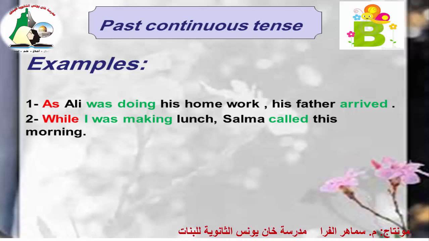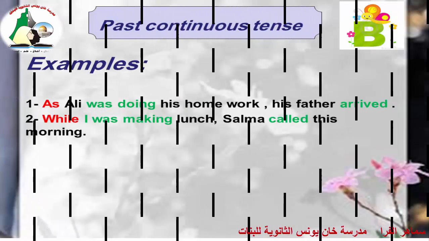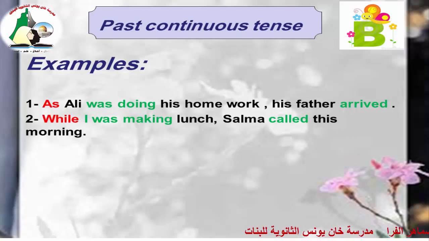Yes, you are right. It is as and while, the red words. You see? As means while, while means while. They have the same meaning. And look at them, as and while. When we use them in a sentence, we use the past continuous immediately after them. I want to ask you a question.